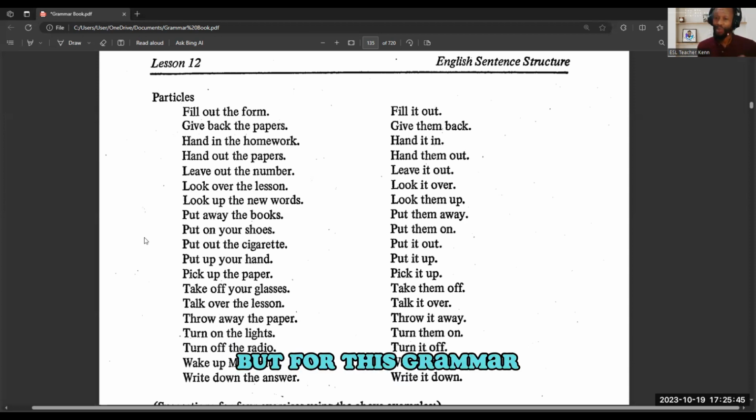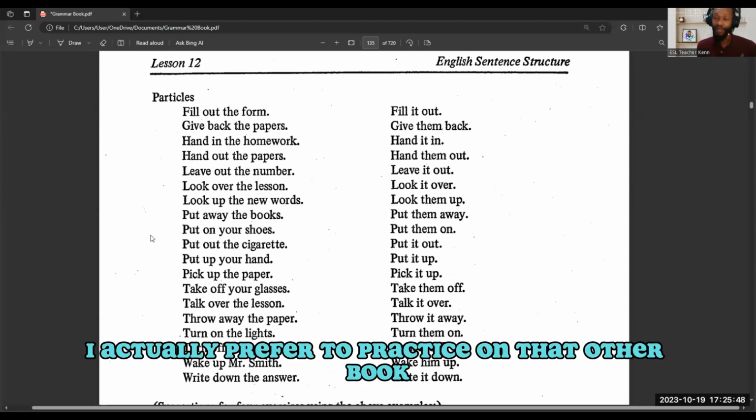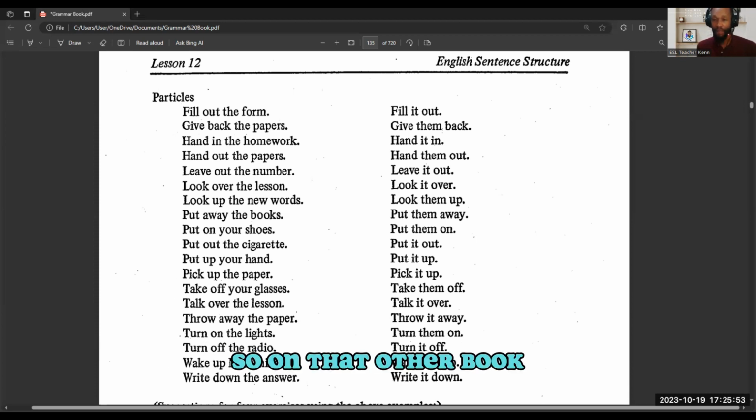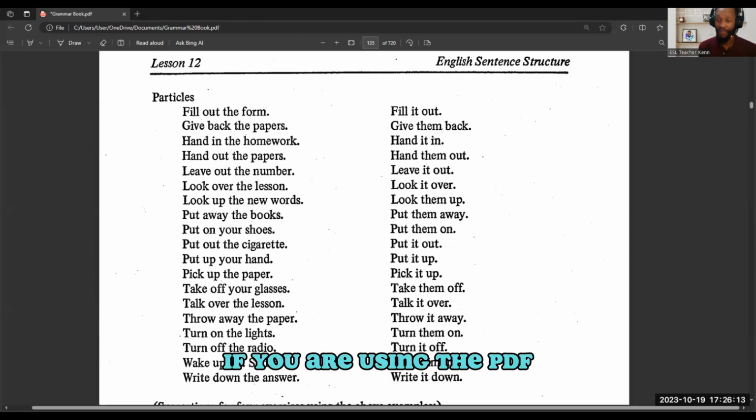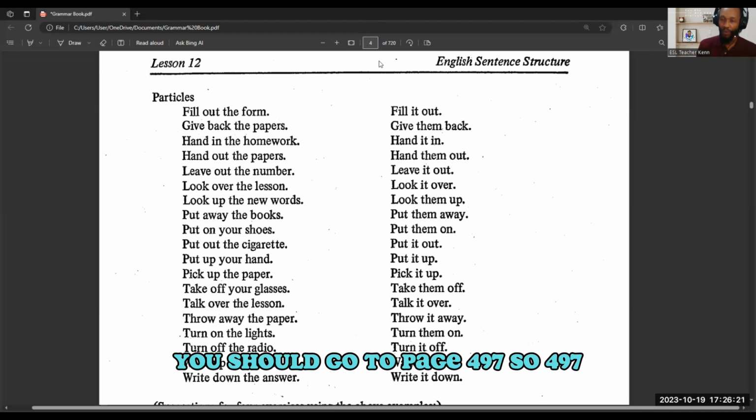But for this grammar, I actually prefer to practice on that other book. So on that other book, if you have it in physical form, it's going to be on page 171 of the English Sentence Practices book, okay? If you are using the PDF, you should go to page 497.